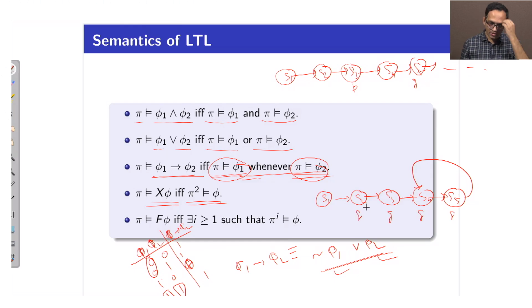Now if you think about a path starting from S2, here Q holds in all of these states.